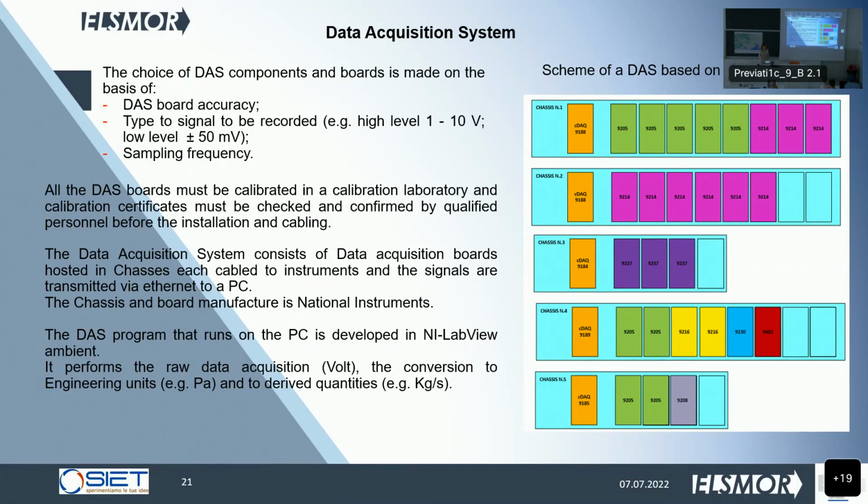We have pressure and differential pressure instruments that are recorded from 1 to 5 volts, so high level type, and we have thermocouples that are low level signals. So this is an example of data acquisition systems, and at the back of each of these boards there are pins, and the cables from the instruments are connected to all of these.